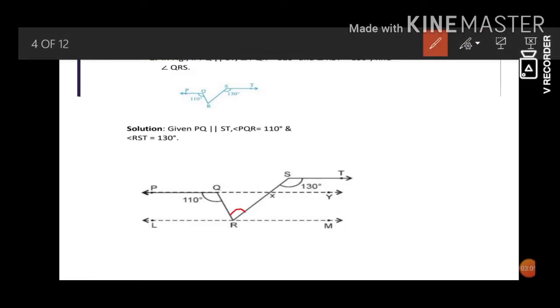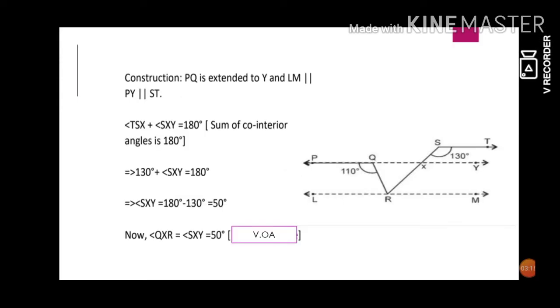For it we are going to construct two lines, that is PQ is extended to Y and LM is parallel to PQ and parallel to ST.